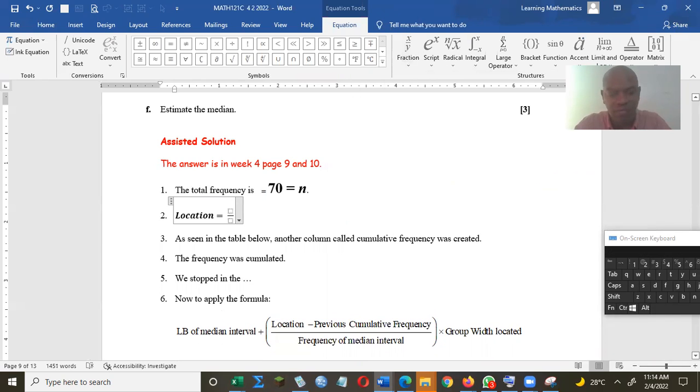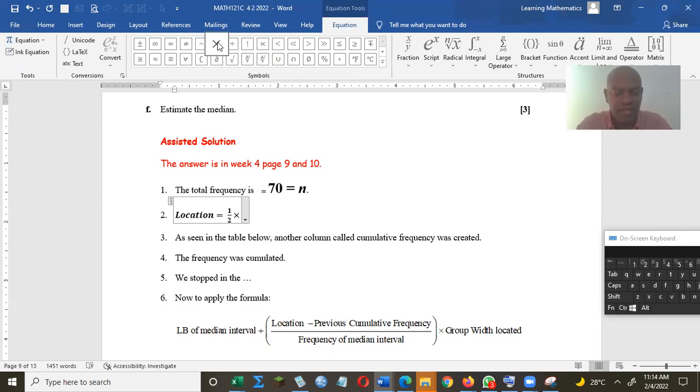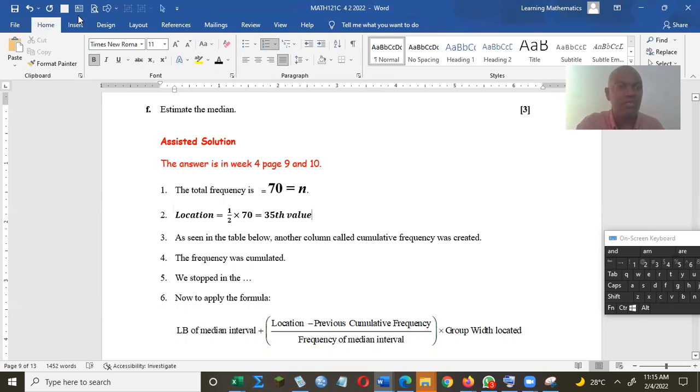You don't even have to put a half of n, just a half times 80. In my case, 70 gives the 35th value. You may not have that program that is there in step 2, so you can delete it out and use insert, equations. So where I have 35, you may have 40. Just make sure 40 is the correct answer.